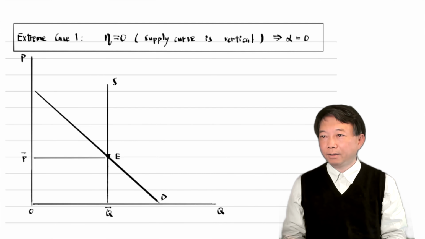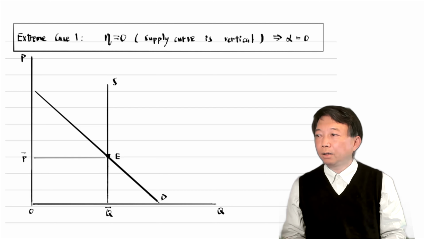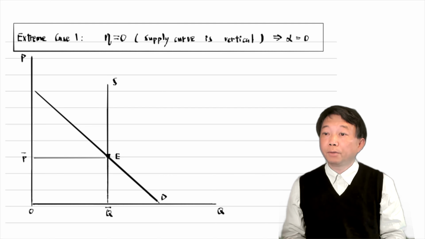A 0 price elasticity of supply corresponds to a vertical supply curve, meaning that the quantity supplied does not respond to price changes. Since the supply of the good is fixed, firms cannot pass the tariff burden on to consumers, as doing so would risk a decline in demand and unsold products.